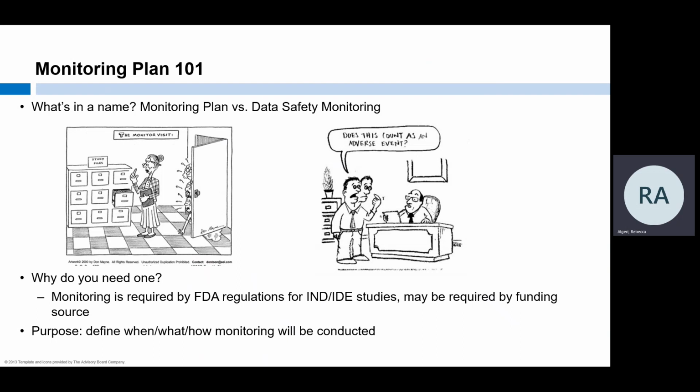The DSMB is empowered to place a hold on enrollment if they feel it is necessary to protect study subjects or stop the study from moving forward altogether. Much like the clinical trial monitoring we are going to focus on today, a data safety monitoring plan is necessary to define how the DSMB is going to meet their obligations.